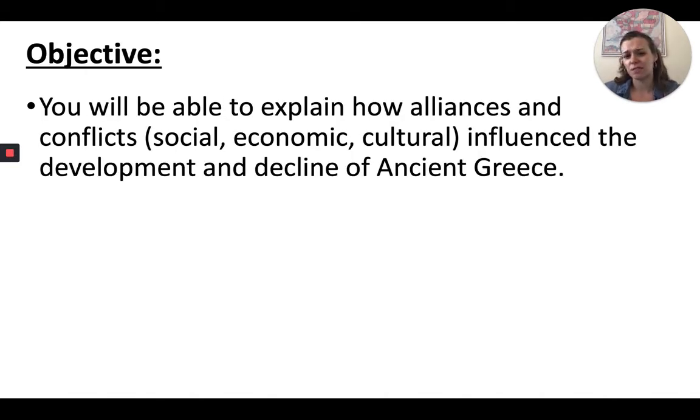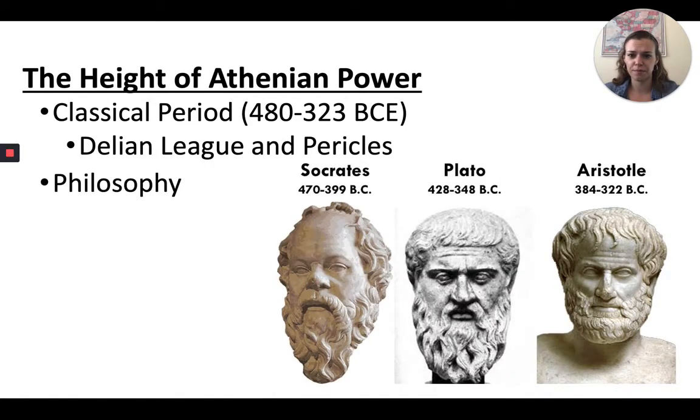Our objective: you will be able to explain how alliances and conflicts influenced the development and decline of ancient Greece. So we are picking up with the height of Athenian power. If you remember, we left off with the end of the Persian War.